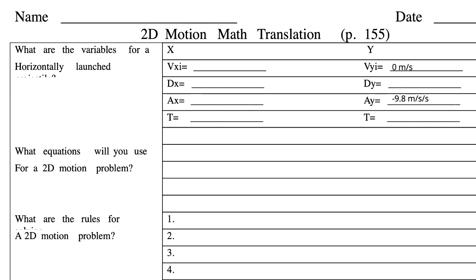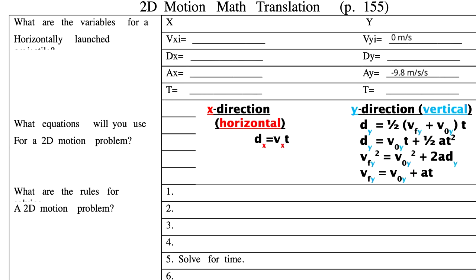The next thing that we will try to figure out are the equations that will be necessary to solve the problems. In the X list, we have one equation that is appropriate. It is our displacement in the X equation, where it is equivalent to our velocity in the X times time.